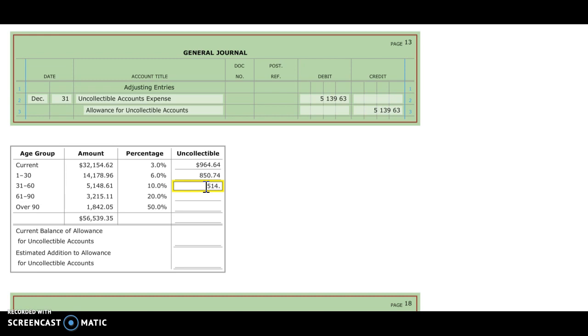Next one is $514.86. Next we have $643.2. And the last one is $921.03. So next what we're going to do is we're going to add up those amounts that we figured out to be uncollectible.